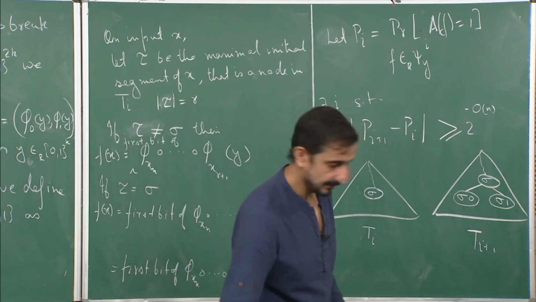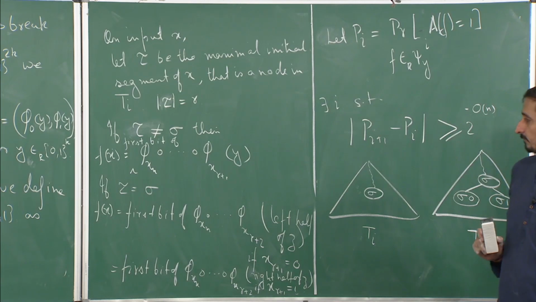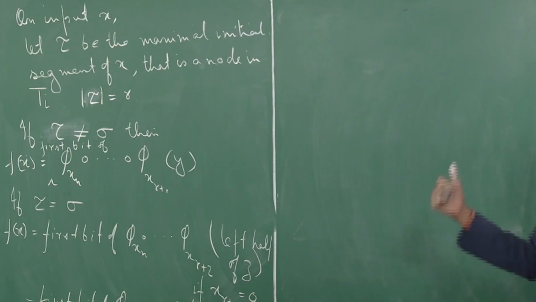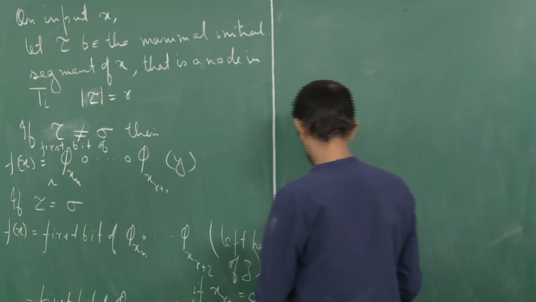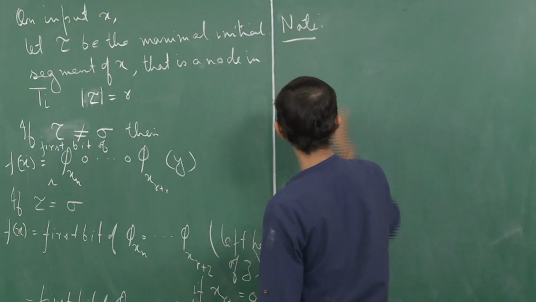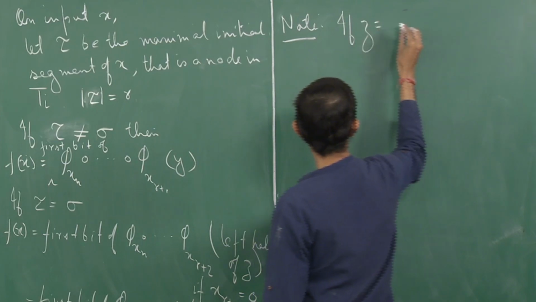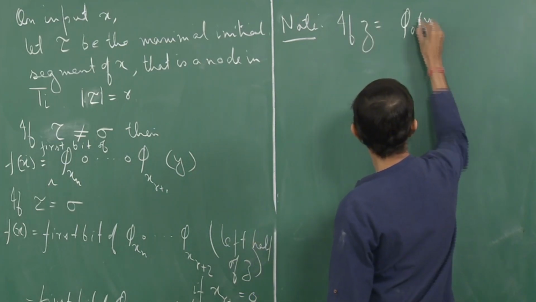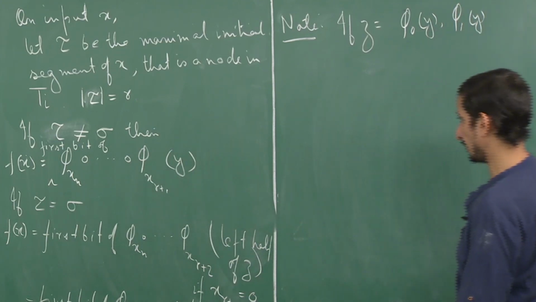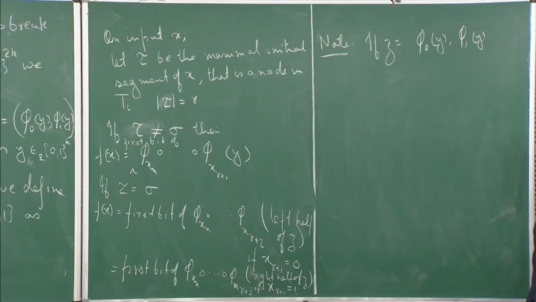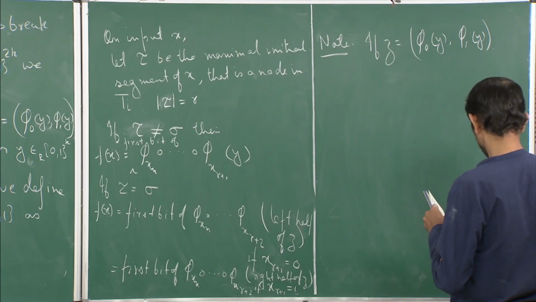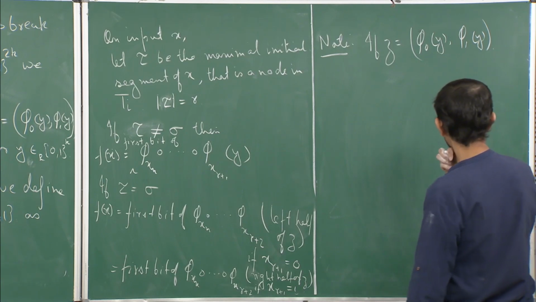Okay, so this is the definition of my function f. Now let's try to analyze how this function is able to distinguish between the two. Note the following. If z is of the form phi 0 of y, phi 1 of y, then what is f?